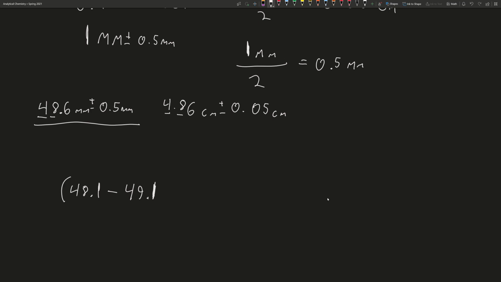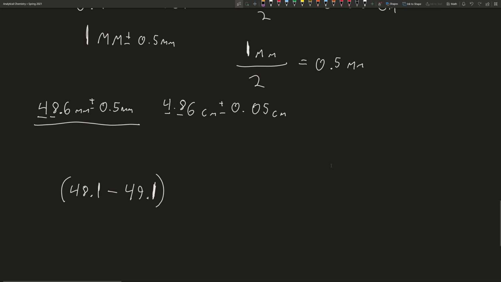So this right here is the range of values that our actual value exists between. For 100% certainty, we know it's between 48.1 and 49.1. We don't know where, but we know it exists between those two numbers based on the uncertainty of this measuring device that we essentially have here.